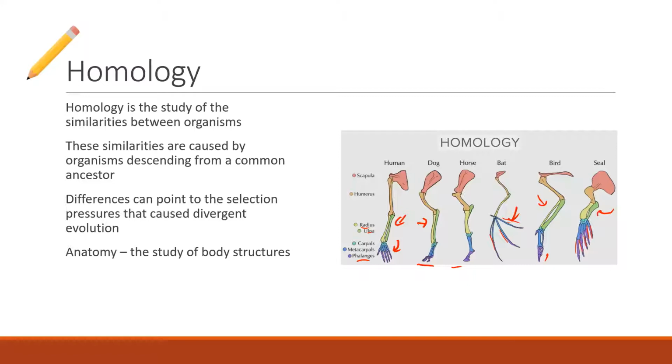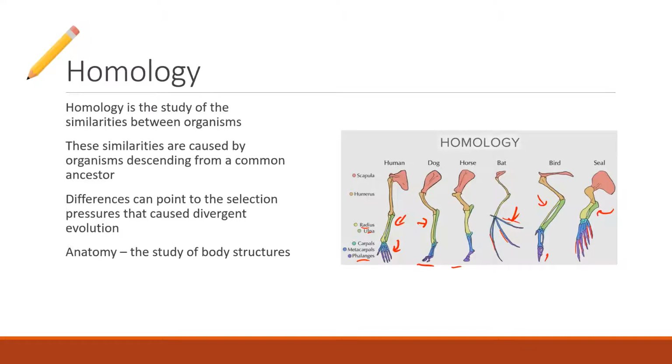Why are the phalanges of a bat much longer than the phalanges in a human? Why did that occur? Well, because bats needed to fly, and so they turned their fingers and their hands into wings, rather than humans that use their phalanges to pick objects up.